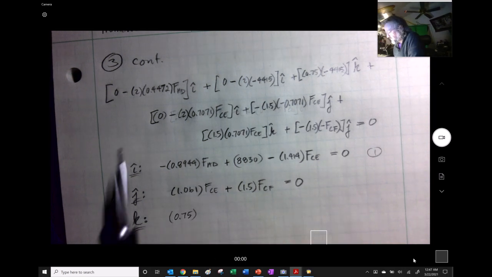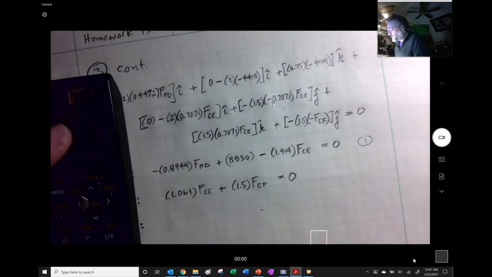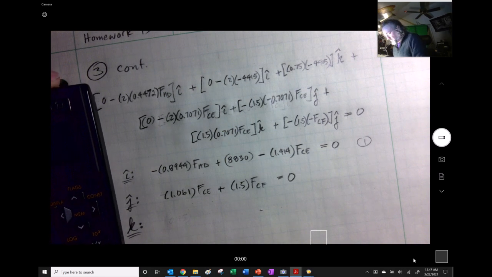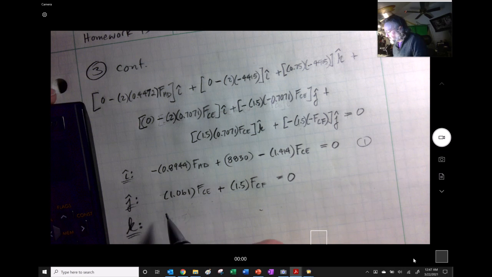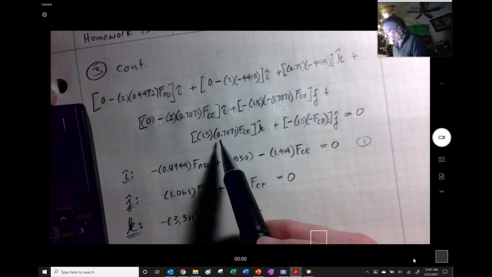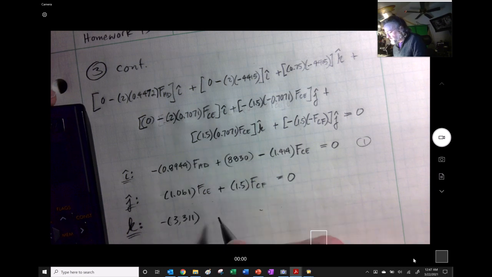0.75. Let me see. I've been calculating them this time, right? 0.75 times 4415, and this is a negative, so we get a negative 3,311. And okay, this one here, that's the only one that got the K's. No other K's.